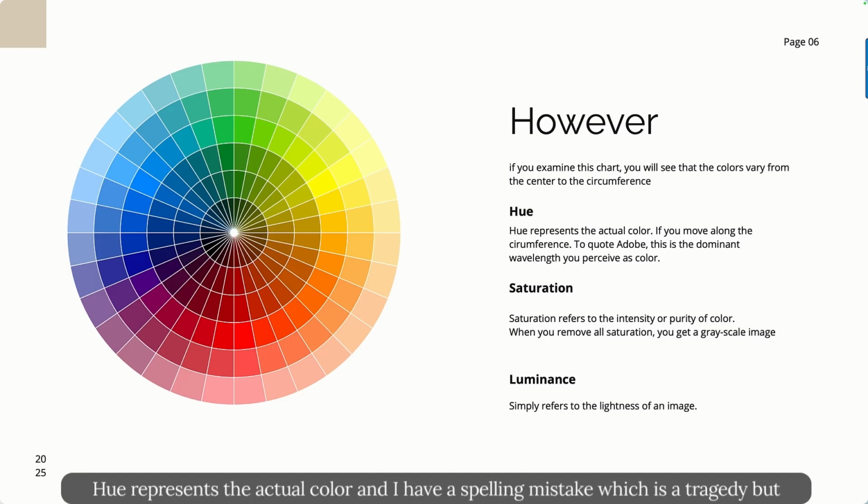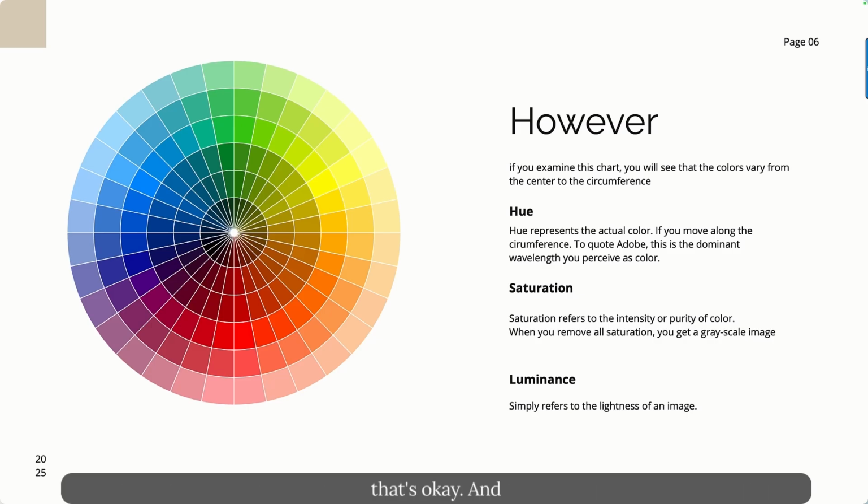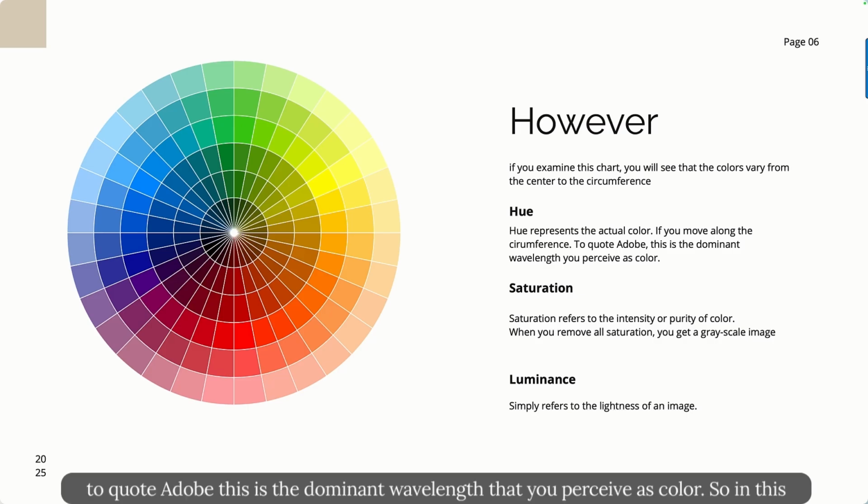Hue represents the actual color, and I have a spelling mistake, which is a tragedy, but that's okay. To quote Adobe, this is the dominant wavelength that you perceive as color. As you move along this circumference, you'll start to see different hues.